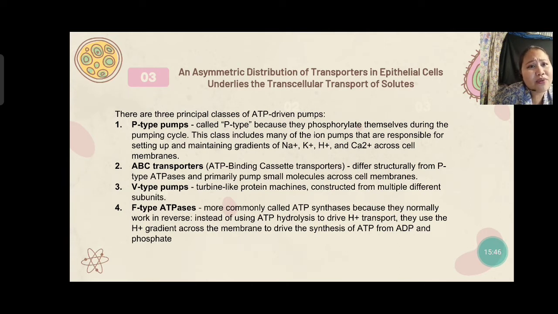So instead of using ATP hydrolysis to drive the hydrogen ion transport, they use the hydrogen ion gradient across the membrane to drive the synthesis of ATP from ADP and phosphate.